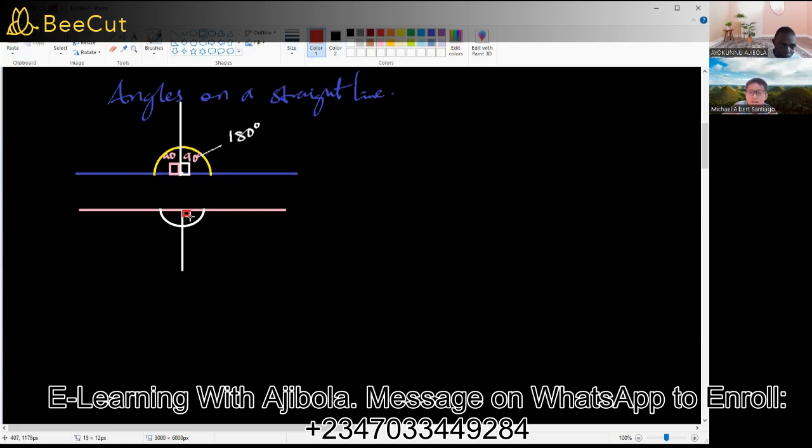Yes, because this is 90 and the other side will be 90 as well. So 90 plus 90 gives us the total angle to be 180 degrees. So if I ask you, what is the sum?